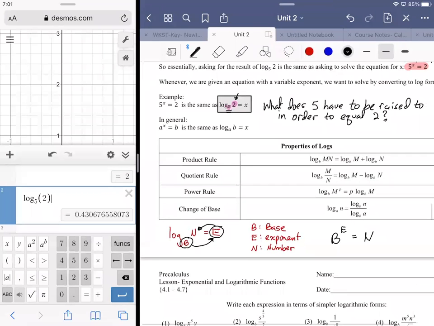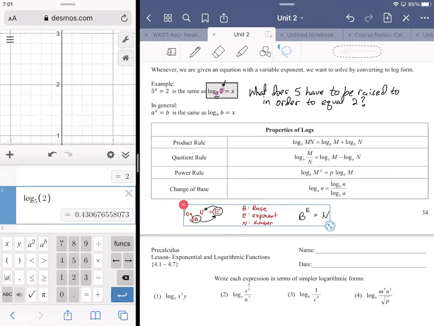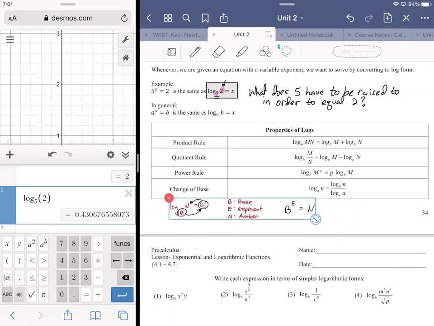All right. So for example, I'll just kind of shrink this up. I'll just do the example below it. Because it's natural to wonder, how did we get from 5 to the x equals 2 to the log base 5 of 2 equals x? If I tell you that I have some expression 5 to the x and that expression is equal to 2, the 5 is occupying the position of the b.